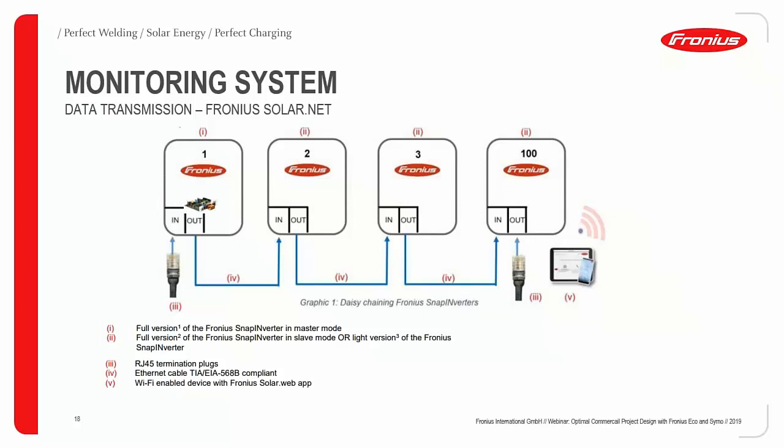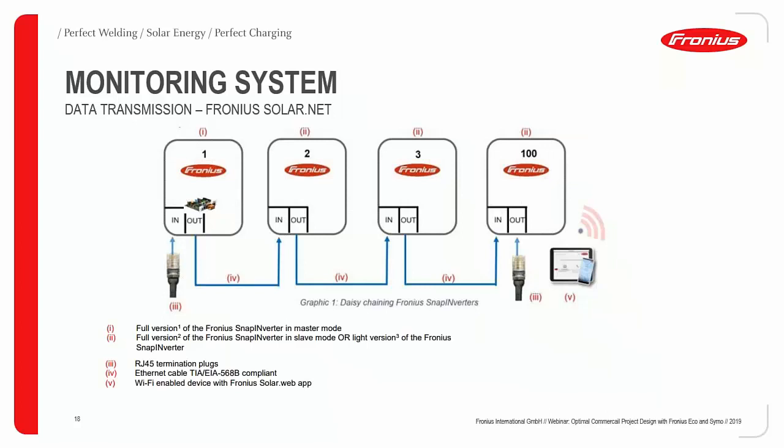Now, in a single project, if you use more than one inverter, then for monitoring you can use one full version inverter in master mode and the other inverters in light version, to reduce the system monitoring cost.